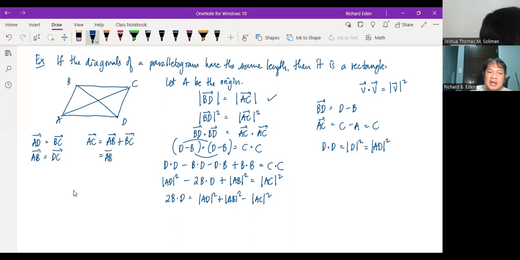But because you have a parallelogram, BC is the same as AD, the one at the base, or in other words, D. So actually AC is C. So C equals B plus D.